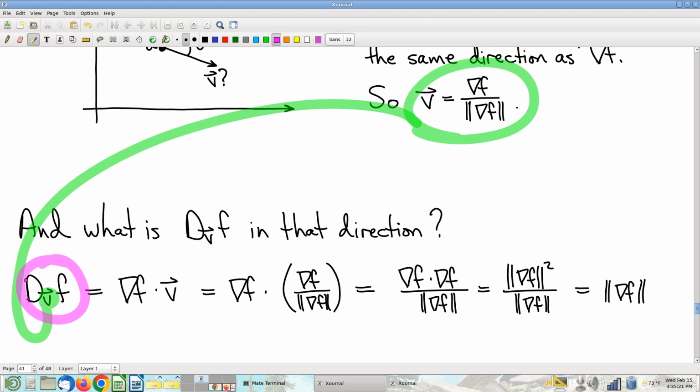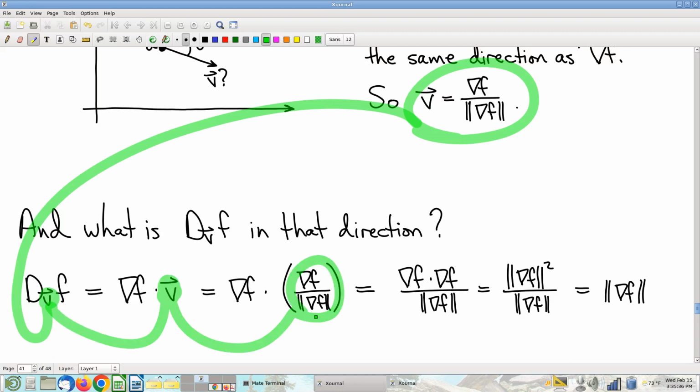As I go in that optimal direction, I want to compute that directional derivative. We have a formula for directional derivatives, the same formula we had above. Don't forget, v is the gradient divided by its own magnitude.